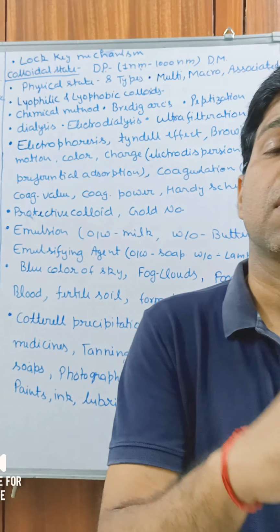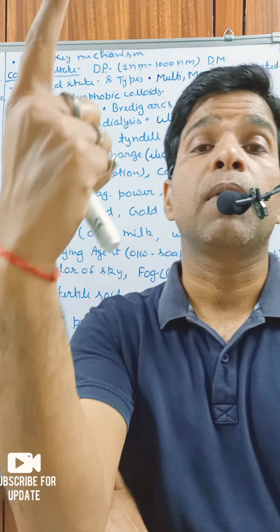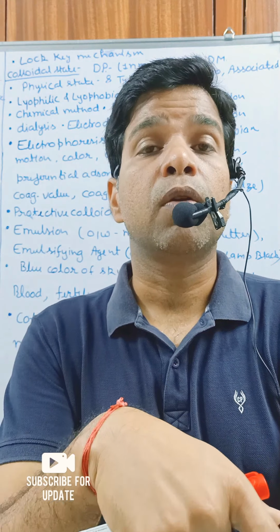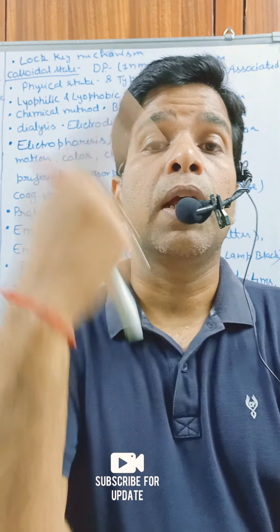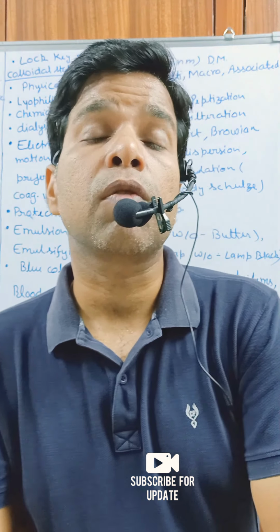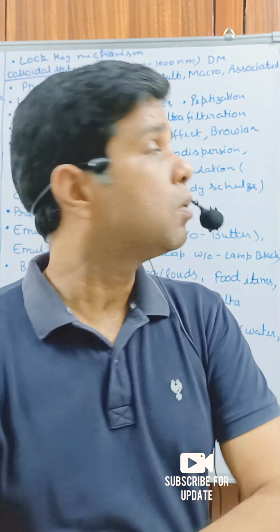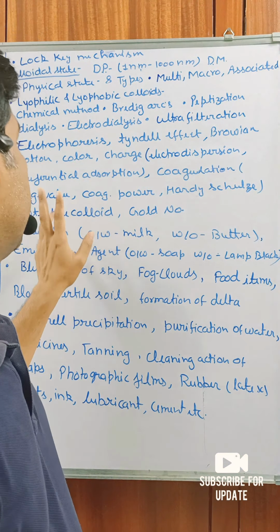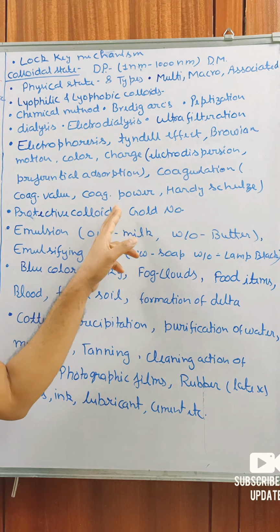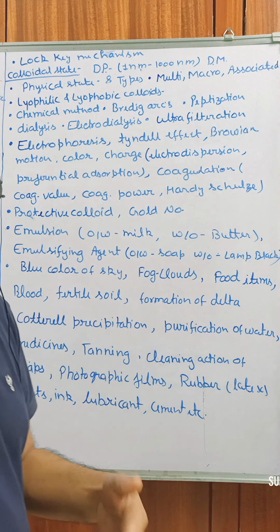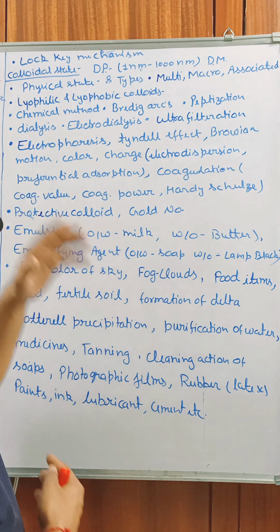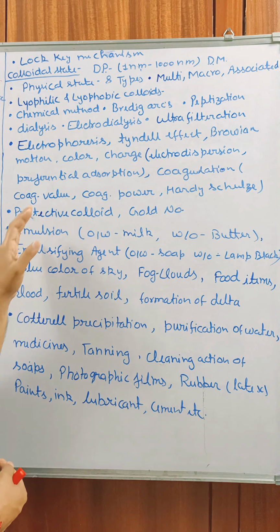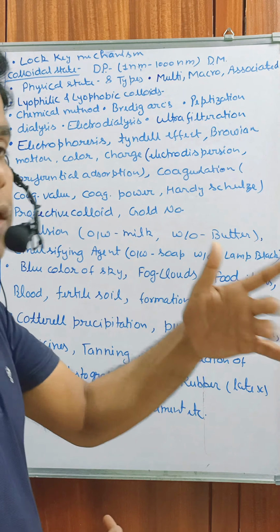That is called the coagulation value. The higher the power, the less amount is required for coagulation, so the less is the coagulation value. The lower the power, the more amount is required. So coagulation power and coagulation value are always inversely related to each other. The higher the coagulation value, the lower the coagulation power, and the lower the coagulation value, the higher the coagulation power.